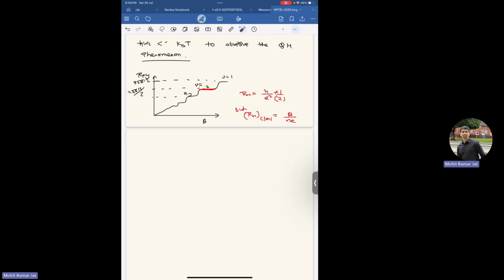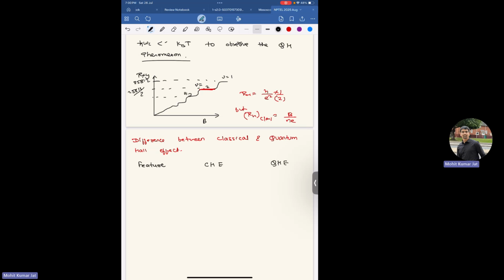So let me just briefly tabulate whatever I'm saying. If I tabulate the difference between classical and quantum Hall effect, I will write first the feature, what is different, then I will write the classical Hall effect, then the quantum Hall effect.